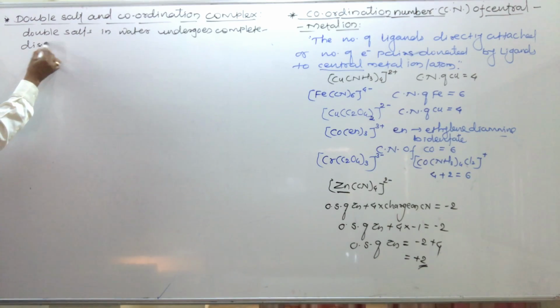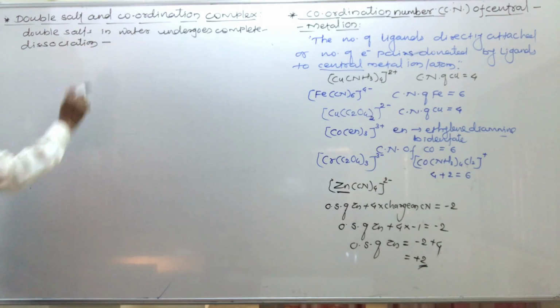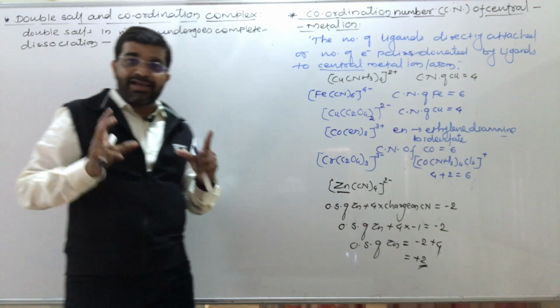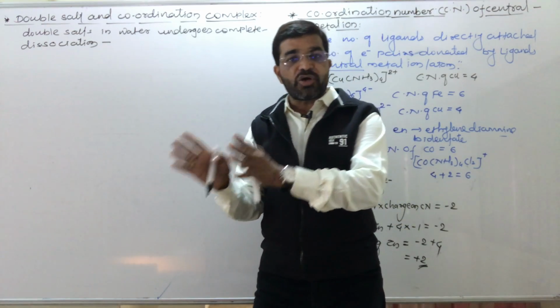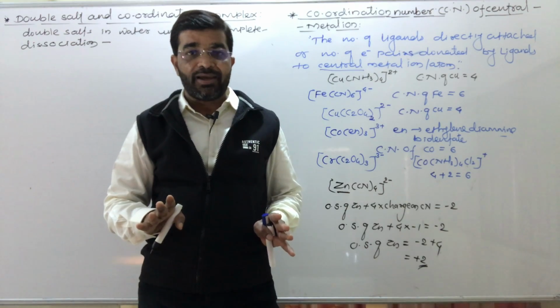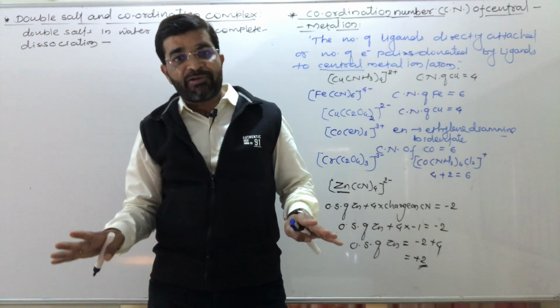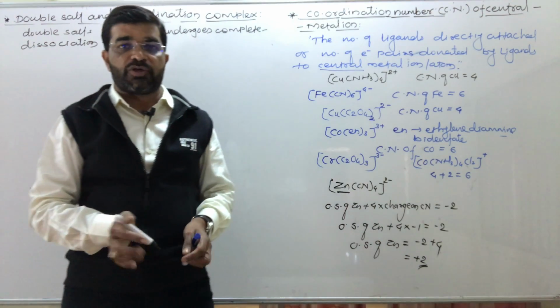A double salt undergoes complete dissociation, and all the ions present in that salt are produced in the solution. There is no unionized species present in it; all ions will be formed in its aqueous solution.